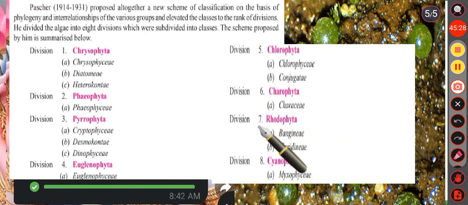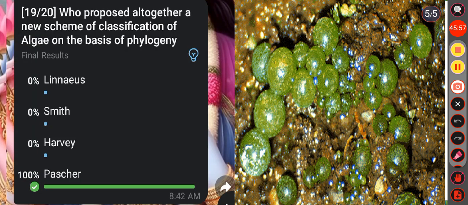Then division number 7, that is Rhodophyta. Rhodophyta again subdivided into two classes, that is Bangioideae and Florideae. Then last division, that is Cyanophyta, and it subdivided into one class, that is Myxophyceae. So on the basis of phylogeny, Pascher proposed altogether a new scheme of classification of algae, right?